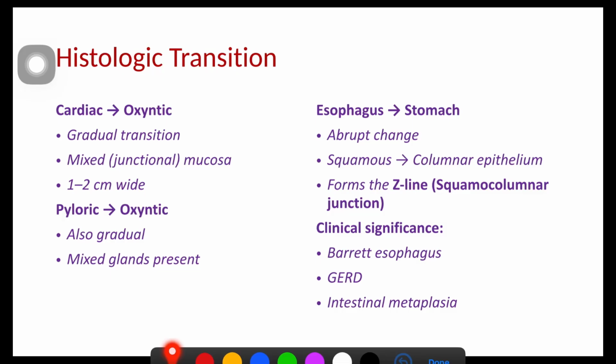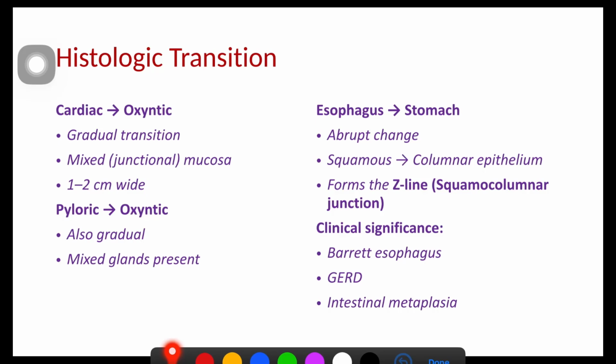Now histologic transition, if we see, it is generally a gradual transition from cardiac to oxyntic mucosa, and a 1 to 2 centimeter wide area is there. Pyloric to oxyntic is also gradual, and there is a mixed glands presentation.